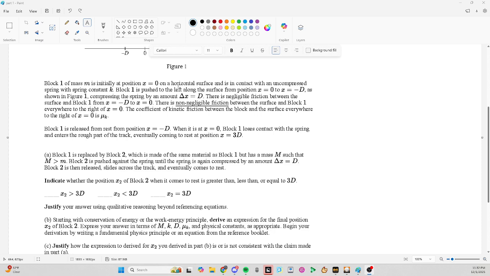Indicate whether the position x2 of block 2 when it comes to rest is greater than, less than, or equal to 3d.